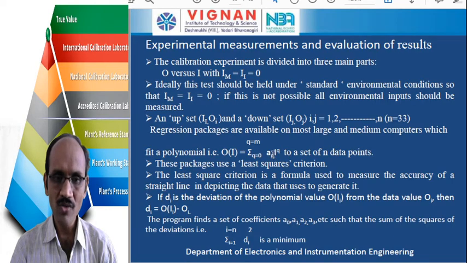So these coefficients are going to be used for making the environmental inputs to be negligible. That is, these will modify or reduce the modifying inputs and the interfering inputs on the instrument here.